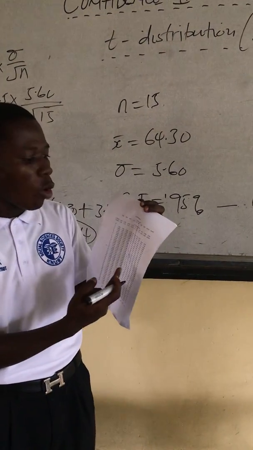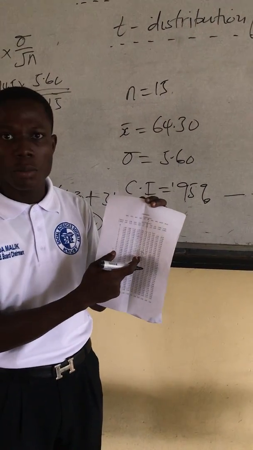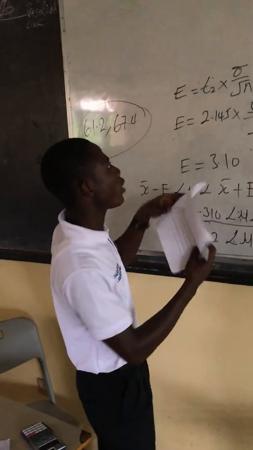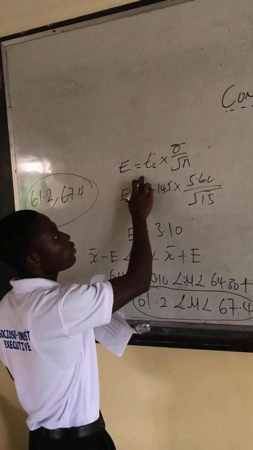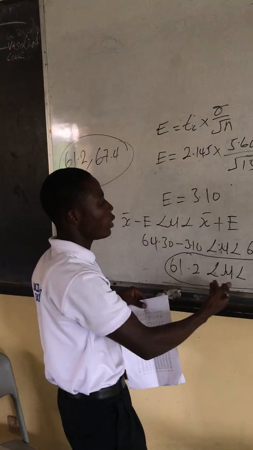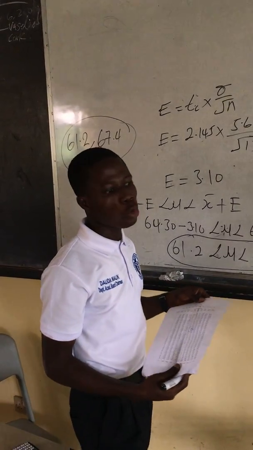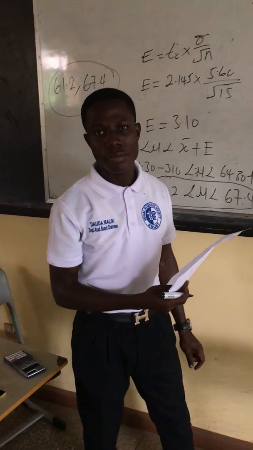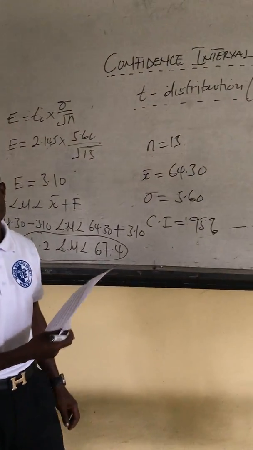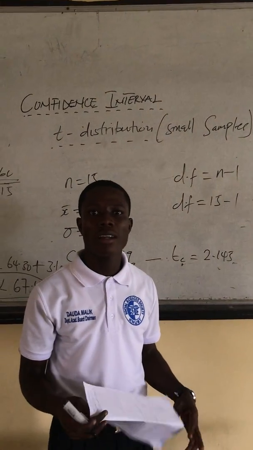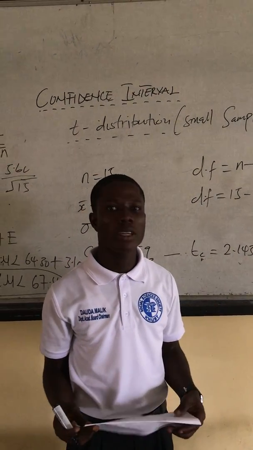Then look to the area on the table. When you find the area, you substitute it into the formula for the T of C, that's the T of confidence. After substituting them, you get your final answer. So this is how we find the T. I know it's not difficult. We can all do it. So when we say confidence interval, this is confidence interval. It's not all that difficult.